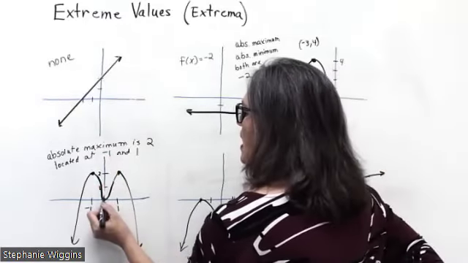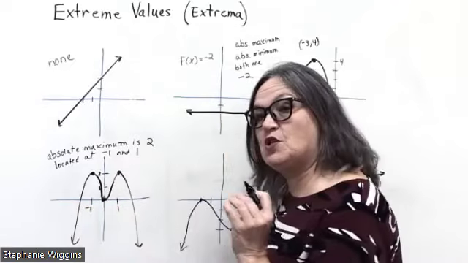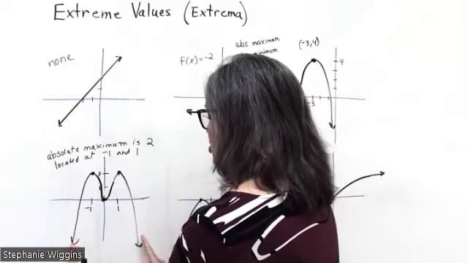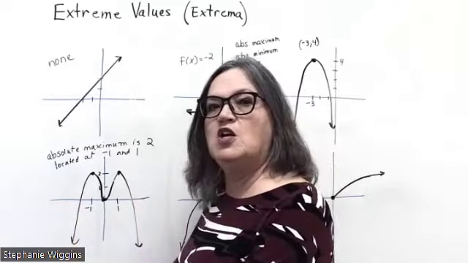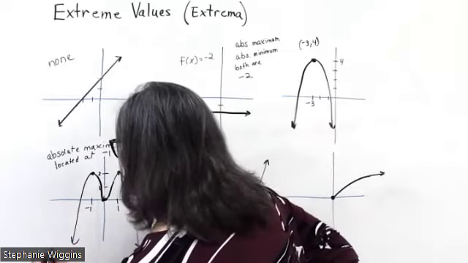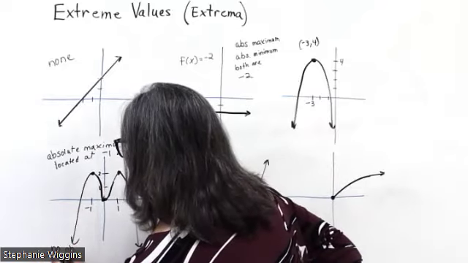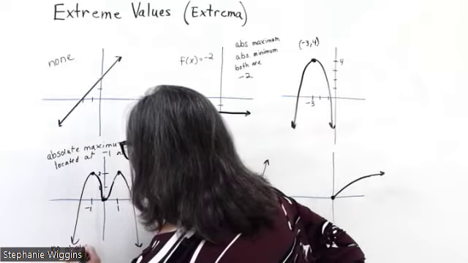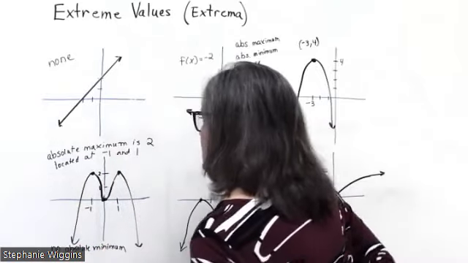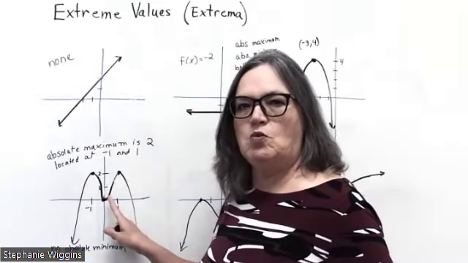Now this is not an absolute minimum, because as you can see on the left and right here, the function goes even lower forever. So there is no absolute minimum. But we say here, this is a local minimum.